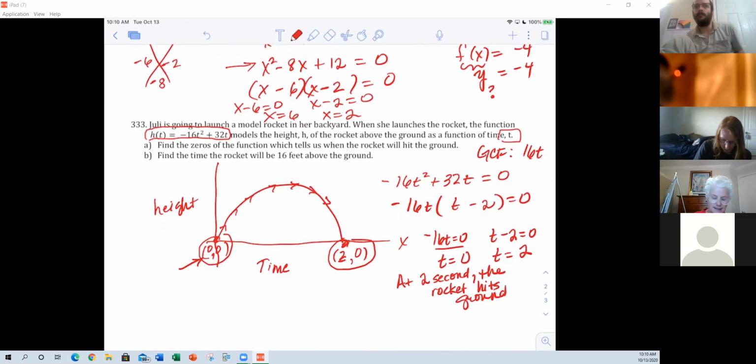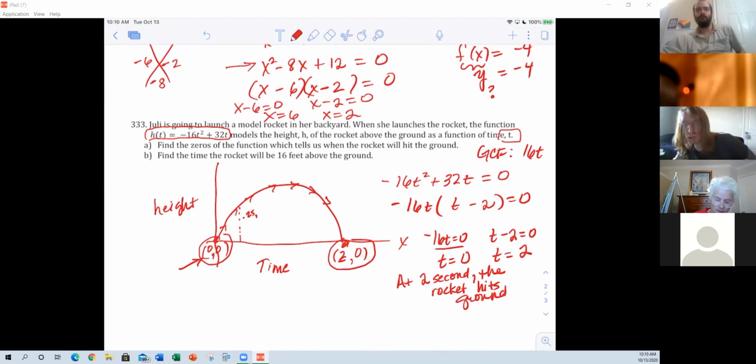Okay, so then it says, find the time that the rocket will be 16 feet above the ground. Okay, so I'm just totally making stuff up. Maybe at like 0.25 seconds, the rocket is, I don't know, it's not ever going to be more than 2 seconds.